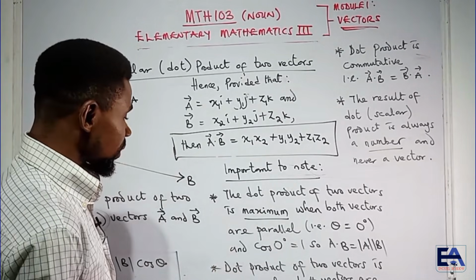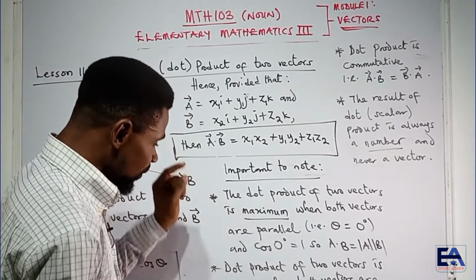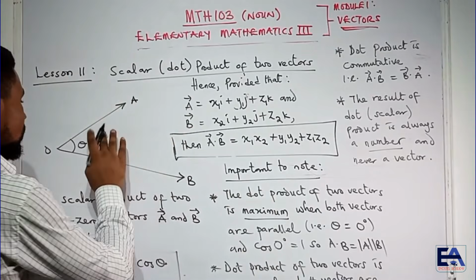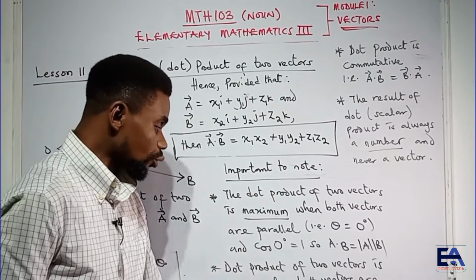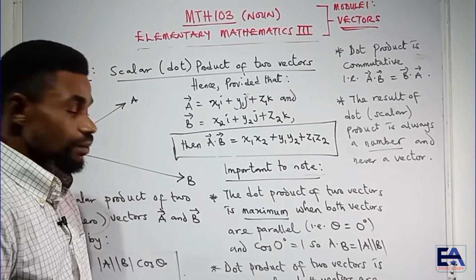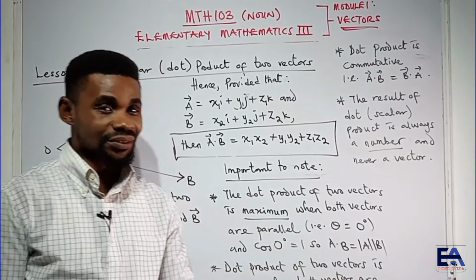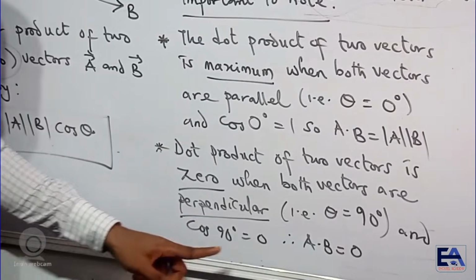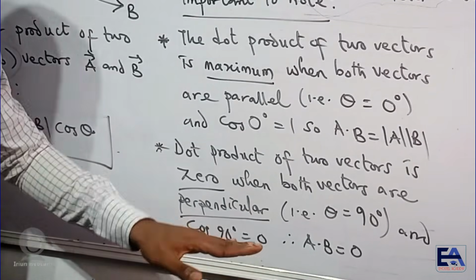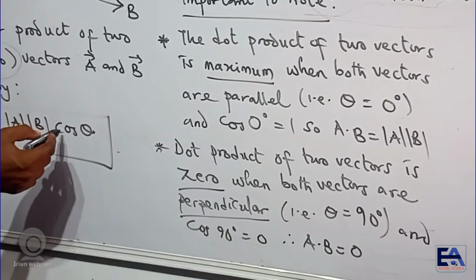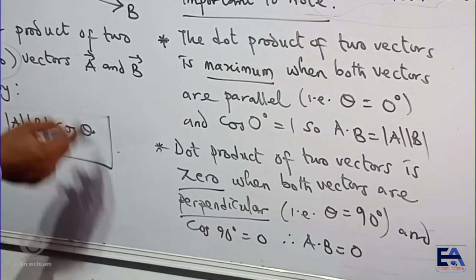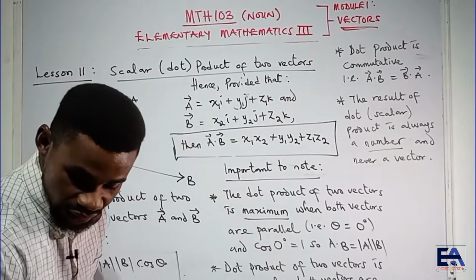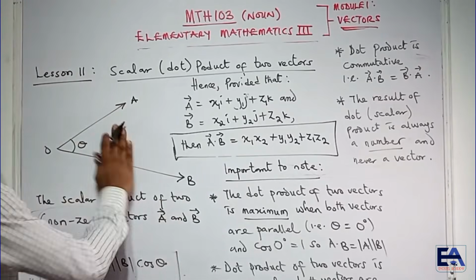Number 2 point is that the dot product of two vectors is 0 when both vectors are perpendicular. The reason is that cos 90 degrees is equal to 0, but sine 90 degrees on the other hand is equal to 1. What we mean by perpendicular is that the angle between the two lines is 90 degrees.